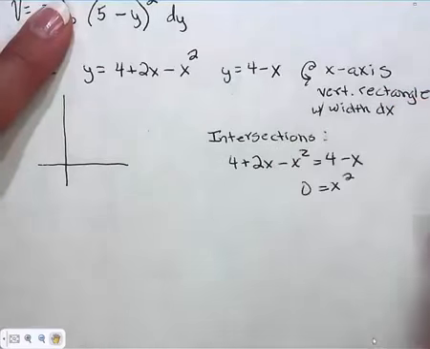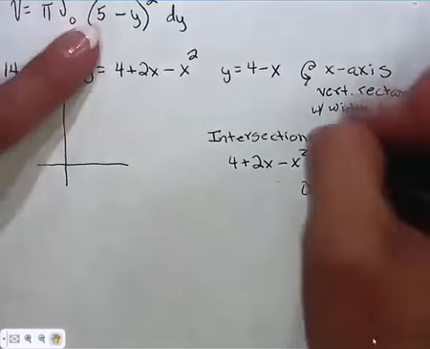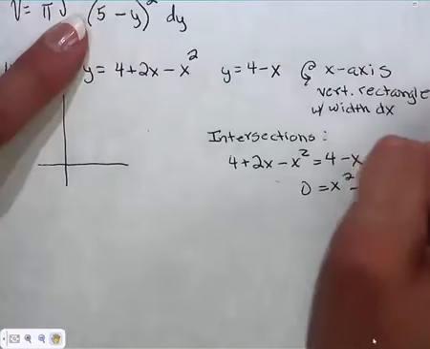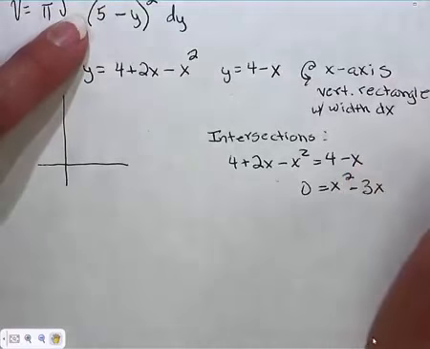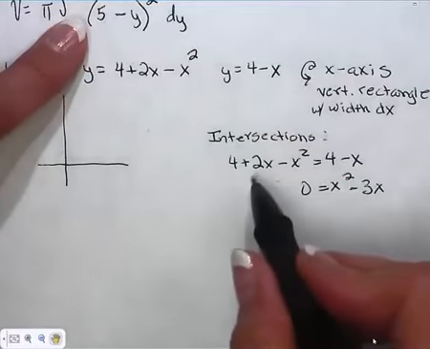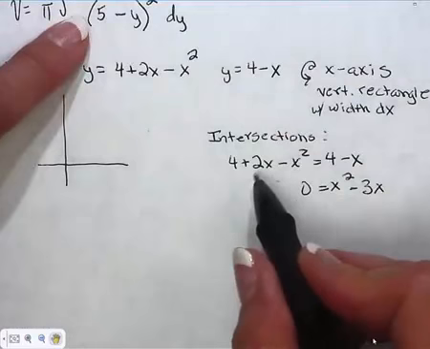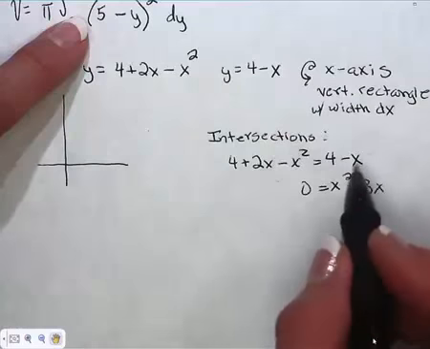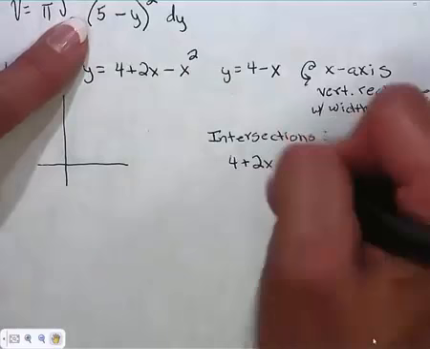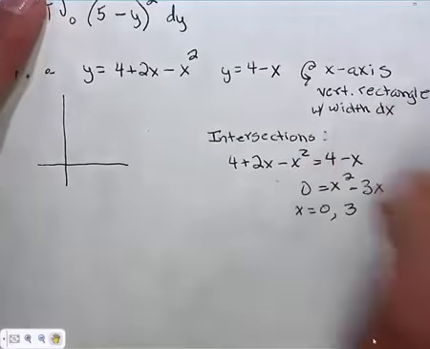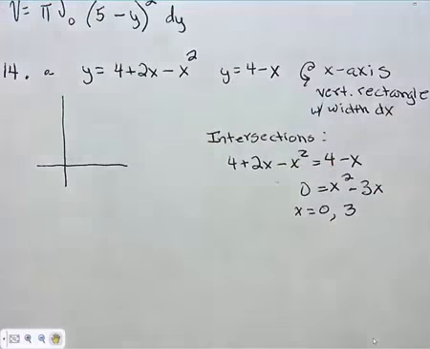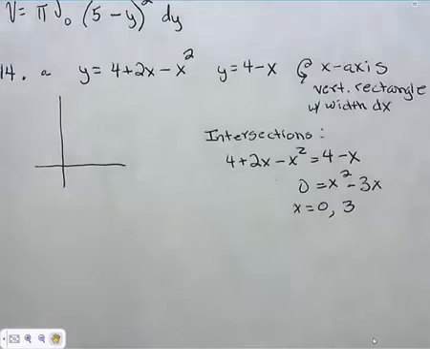Minus 3x equals 0. Two points of intersection. Those are the two x values of the points of intersection.